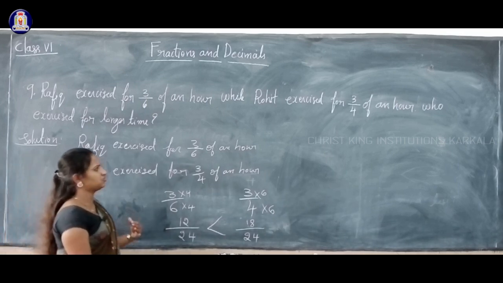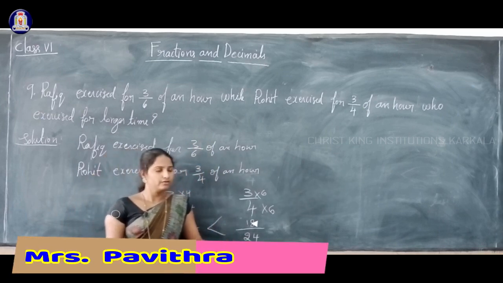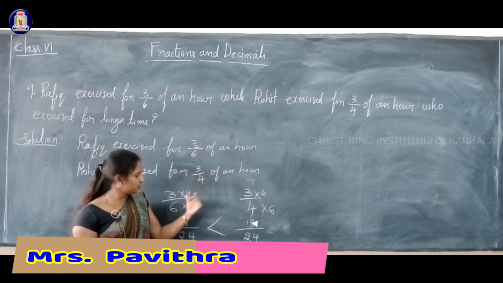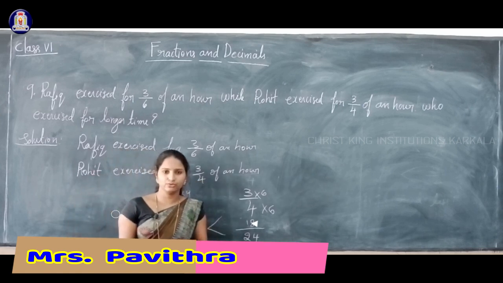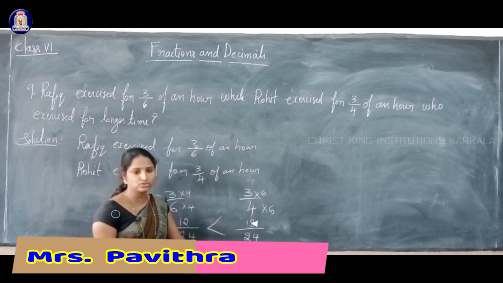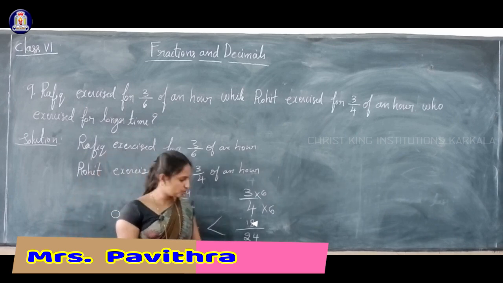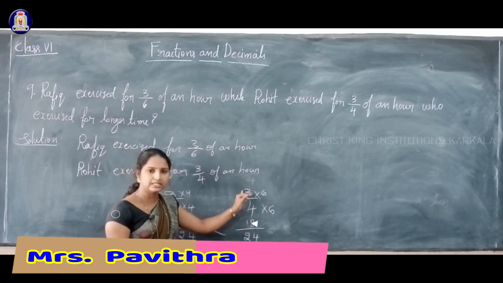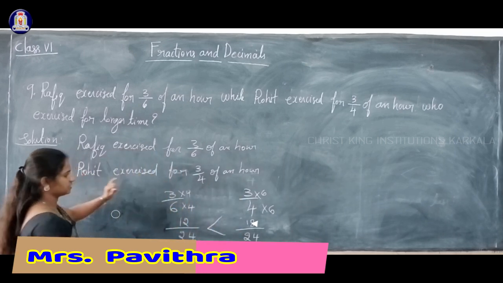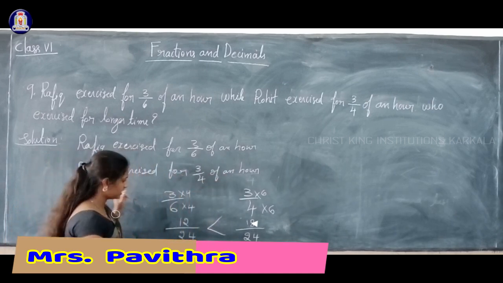Very simple. You just have to compare 3 by 6 and 3 by 4. If you see them, we cannot say which is greater and which is smaller, so first you make the same denominator, then you can identify. 18 by 24 is greater than 12 by 24, and 18 by 24 means 3 by 4, so Rohit exercised for 3 by 4 of an hour.